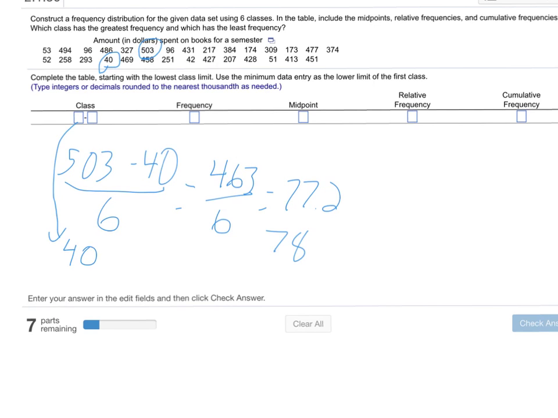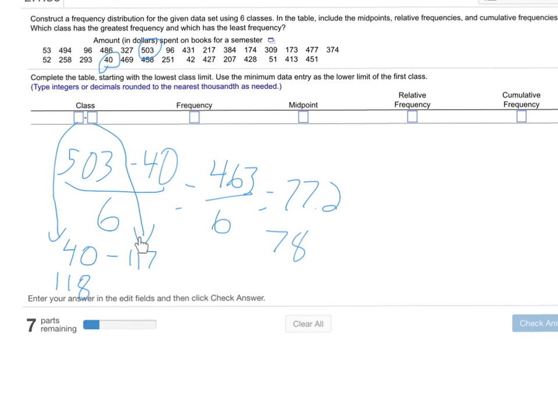So the lower limit of the next class will be 118, which means the upper limit of this class is 117. So I pick out the lowest number, I add 78 to it, I get 118, and I take away 1, and that gives me the lower and the upper class limit for this first one. And the next one, I continue on this pattern.